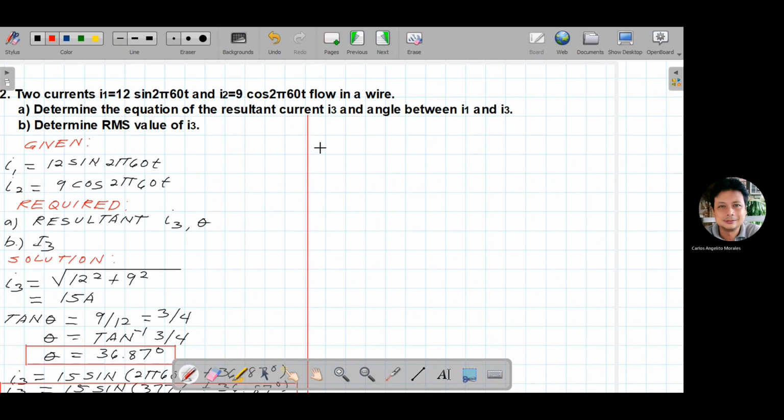Letter B. Kunin natin yung RMS value ng I3. So I3 is equal to I maximum over square root of 2, which is equal to 15 over square root of 2.